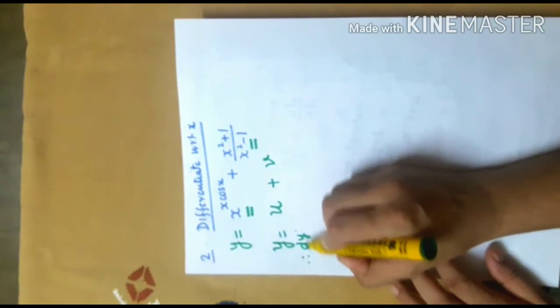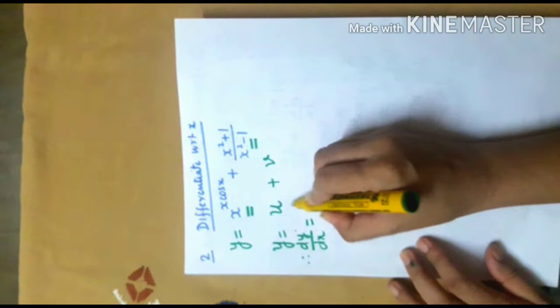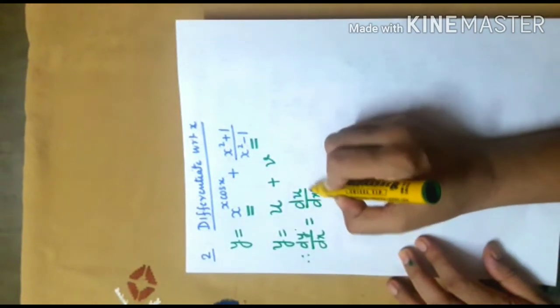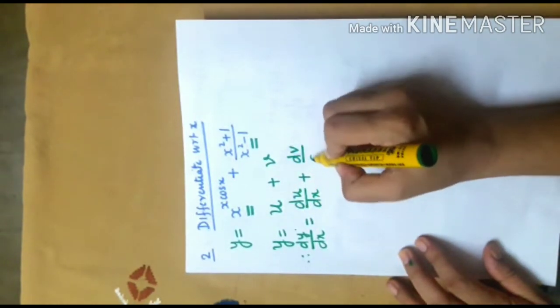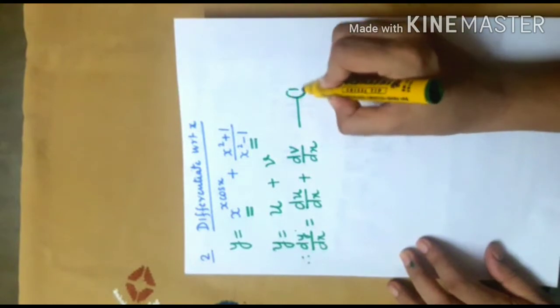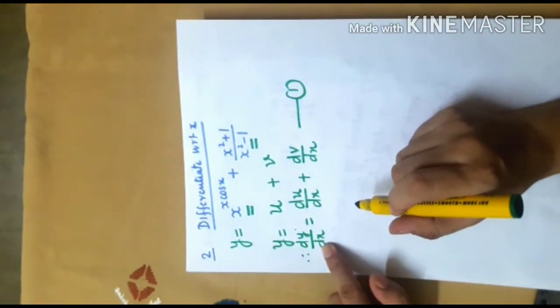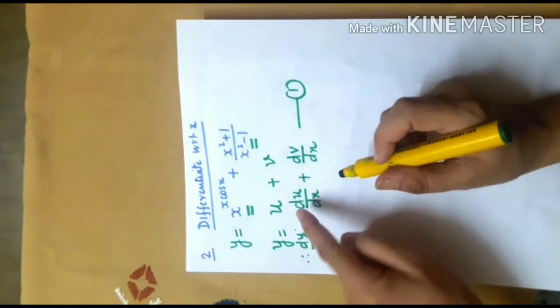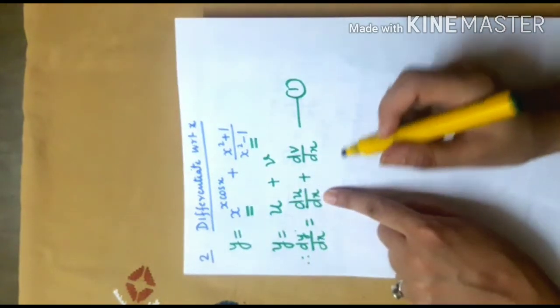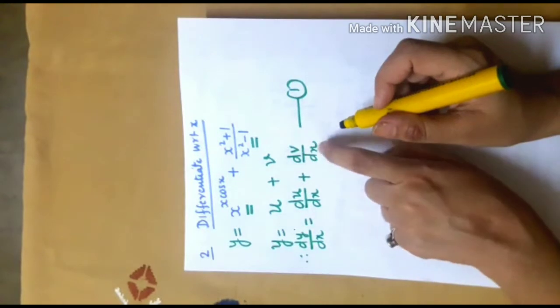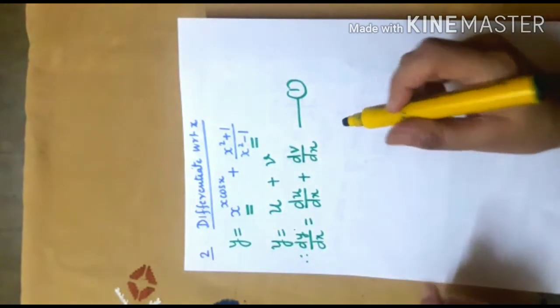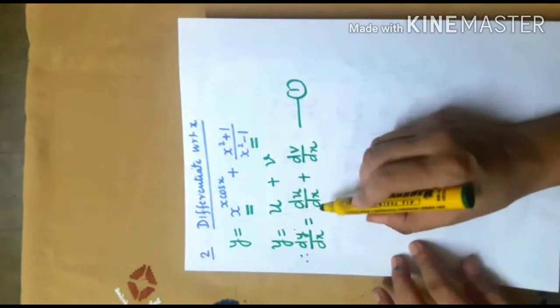So dy by dx will be equal to du by dx plus dv by dx. So if I have to find the derivative of y with respect to x, I need to find out derivative of u with respect to x and derivative of v with respect to x. So first I'll find out du by dx.